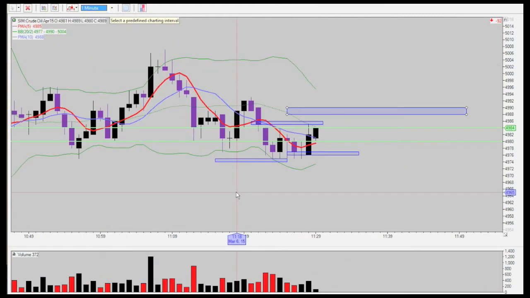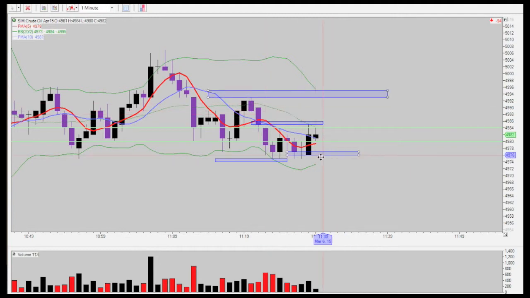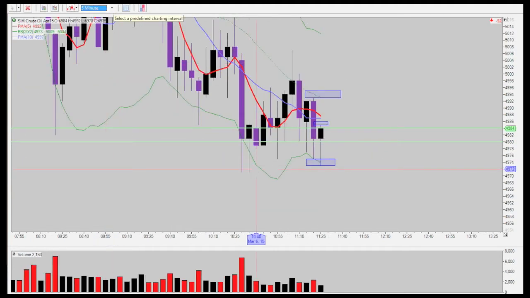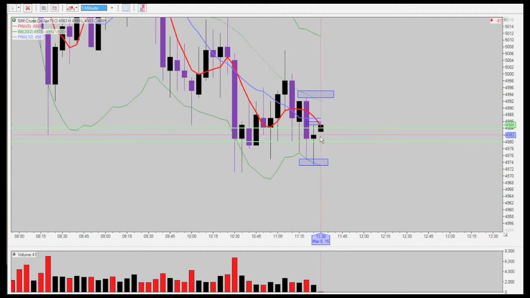Now, what we have the ability to do here, so here's our current candle. Here's our previous range there. When this prints a new candle here, we're going to see how that 5 minute played out. Almost done with this candle. There we go. So we traded above the midpoint.